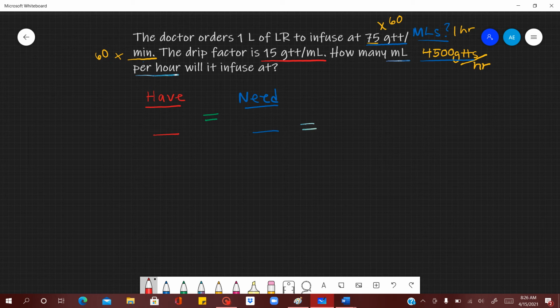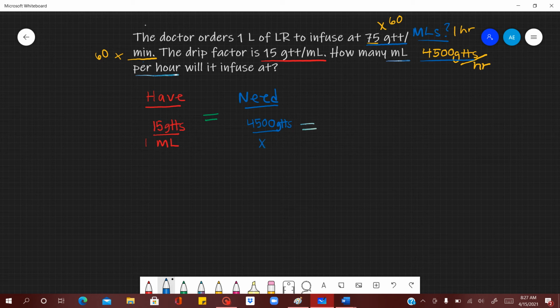So I'm going to go ahead and start plugging info in. And we're going to do our half, right? We've got 15 drops will fall in 1 ml. And we need to know how many mLs 4,500 drops is.